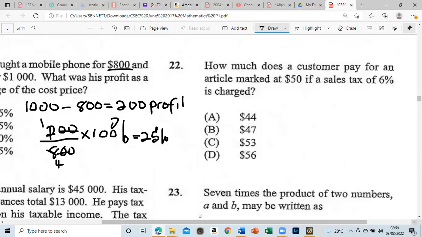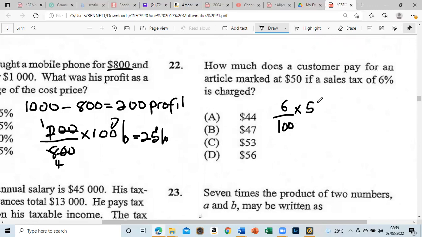How much does a customer pay for an article marked $50 if sales tax of 6% is charged? So all I have to do is find 6% of $50, or we could find 106% directly. Either way, we're going to get the answer.